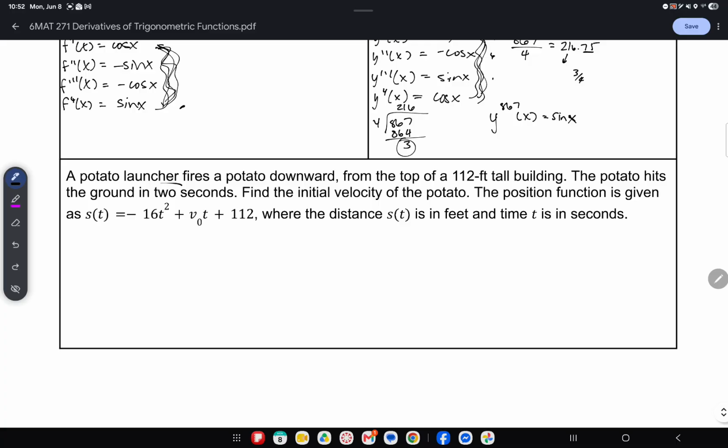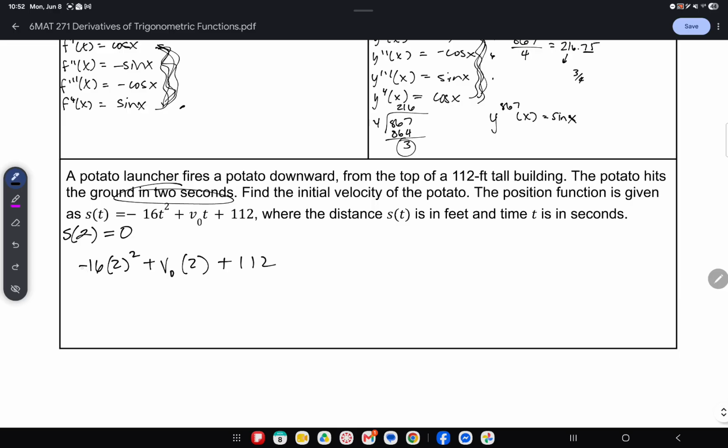Okay, so we know the potato hits the ground in 2 seconds. So s of 2 is 0. So let's plug that in. So negative 16, and then 2 squared, plus that initial velocity times t, plus 112.